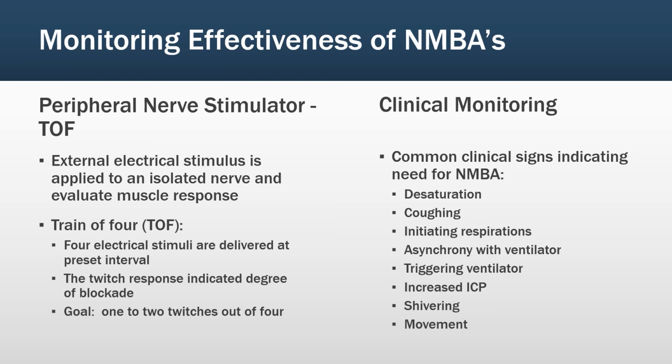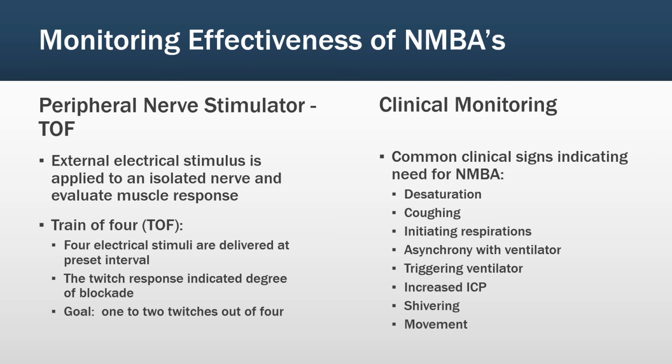Prolonged use and complete blockade with these agents may cause residual weakness after discontinuation due to persistent pharmacologically induced paralysis. Use of a transcutaneous peripheral nerve stimulator in the ICU assists us in optimizing neuromuscular blockade therapy by reducing the risk of NMBA overdose and allowing an assessment of the blockade that is independent of confounding variables such as sedation.